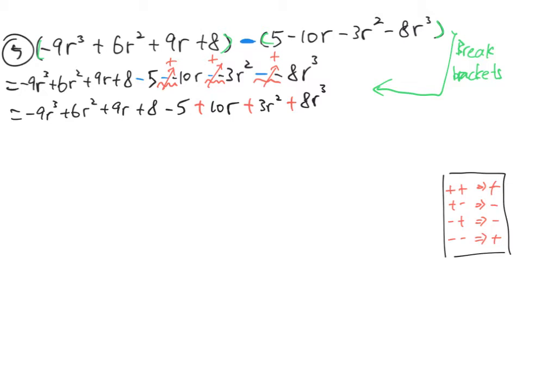Next, we move the like terms side by side, so we subtract them one by one. Here we have r cubed, here we have r cubed, so we move them side by side. Here we have r squared, and here we have another r squared, so we move them side by side.